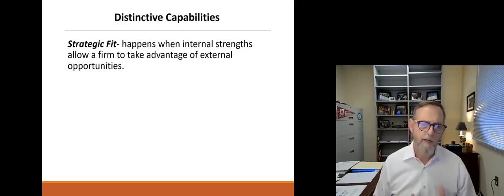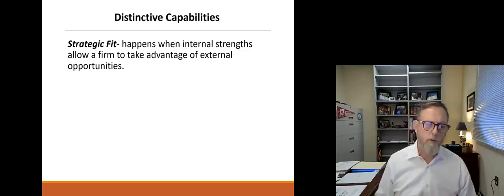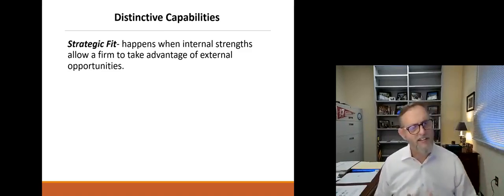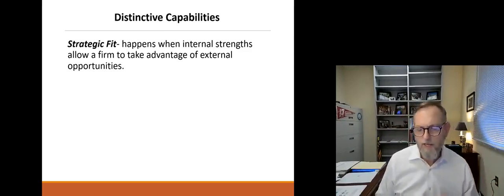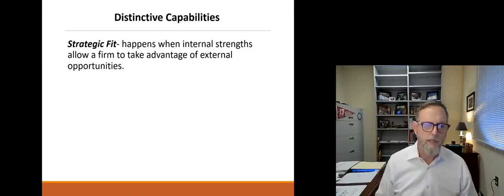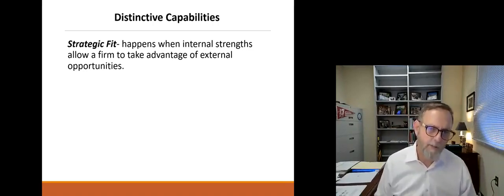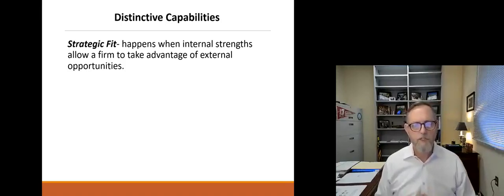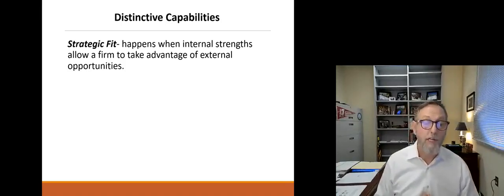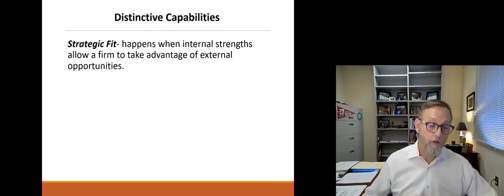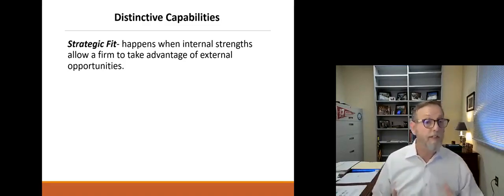But here's the idea: we want to compete. We want to view our value proposition in perspective with the value propositions of our competitors through the eyes of our customers. So ultimately, there's a couple key ways that firms and organizations compete against each other.